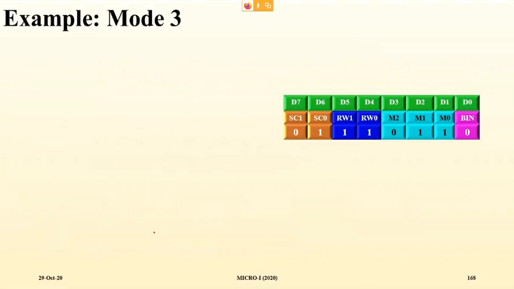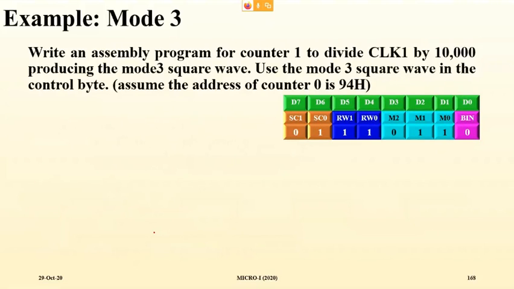Now let us see an example or a question. Write an assembly program for counter 1 to divide clock by 10,000, producing mode 3 square wave.